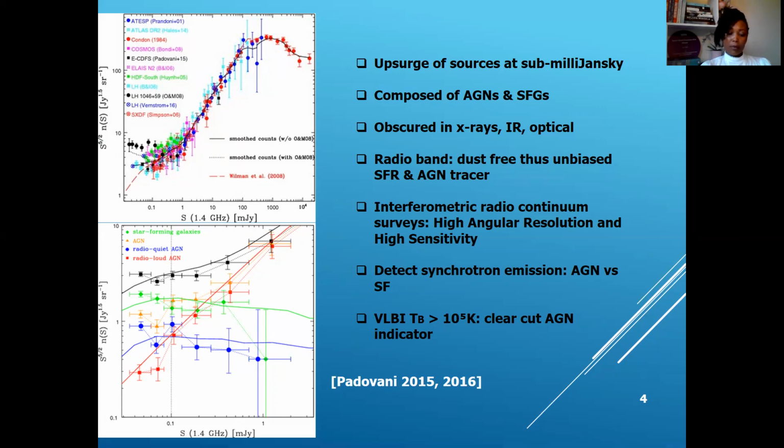When we bring in the concept of very long baseline interferometry, this technique is only sensitive to very high brightness temperatures of above 100,000 kelvins, and at this redshift level is a clear indicator of the presence of AGN.